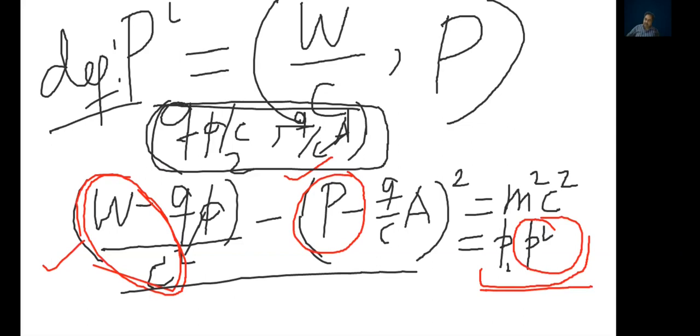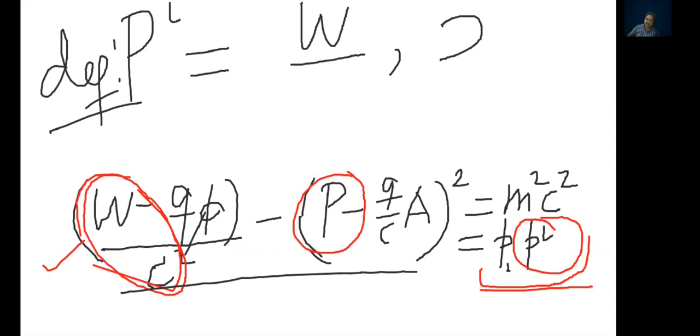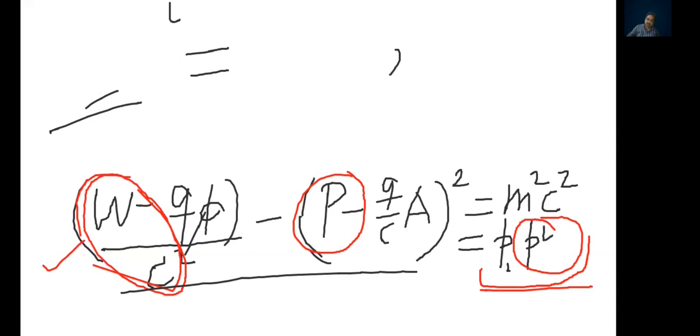So what we can say here is that the total energy is actually not a scalar quantity. This W is not a scalar quantity, but a time component of a 4 vector. Okay, that 4 vector is Pi.